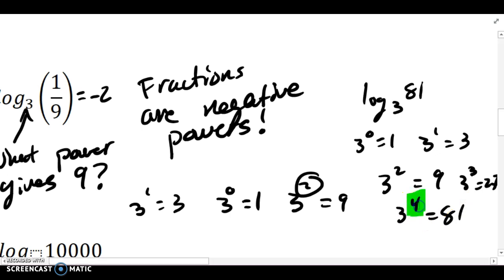So this number, 4, is going to be the answer. Not 81, sorry. Okay? So notice how that works out. You just go through the powers of your base, it's called log base 3. You go through your powers of 3 until you get the number you need, and that's the answer.